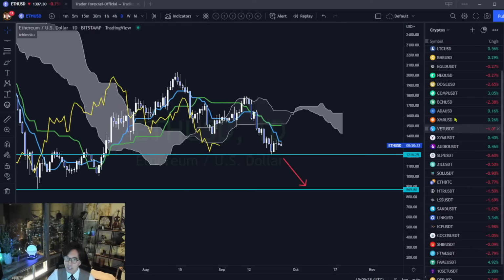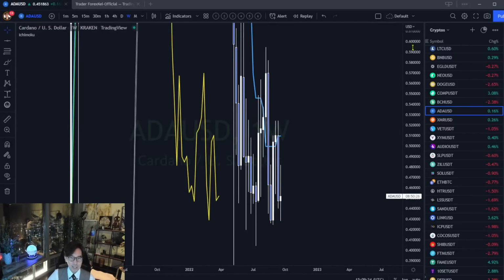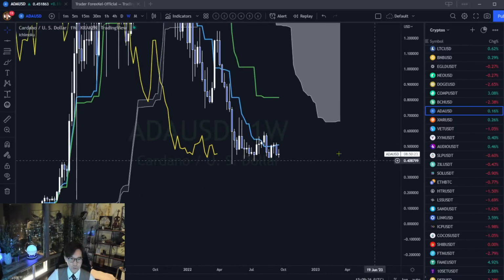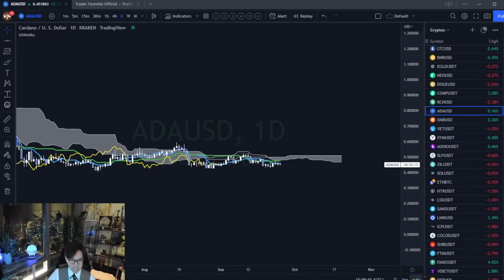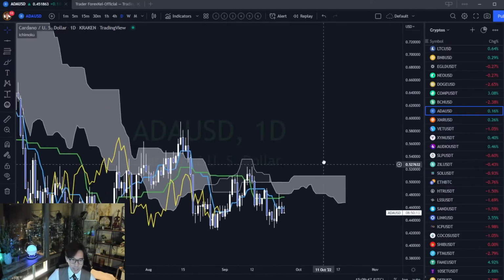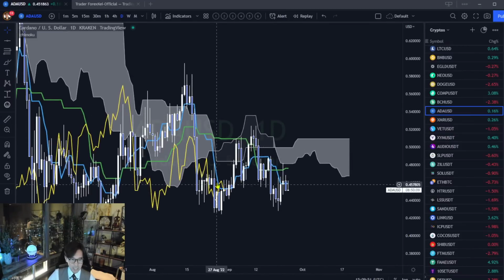Also, let me see, ADA, right? ADA weekly is bearish. Yeah, because simply below Tenkan-sen and Chikou span below candles. But on a daily chart, it's a range. Daily is not really downtrending because Chikou span is touching.